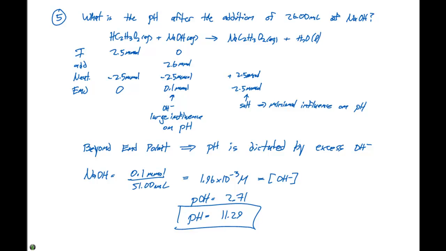That gives us the concentration of OH minus ions. We can take the negative log of that to get the pOH, and then do 14 minus the pOH to get the pH, which happens to be 11.29 in this case.